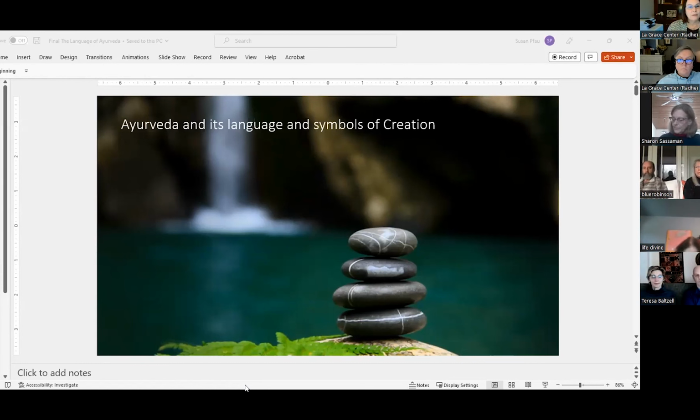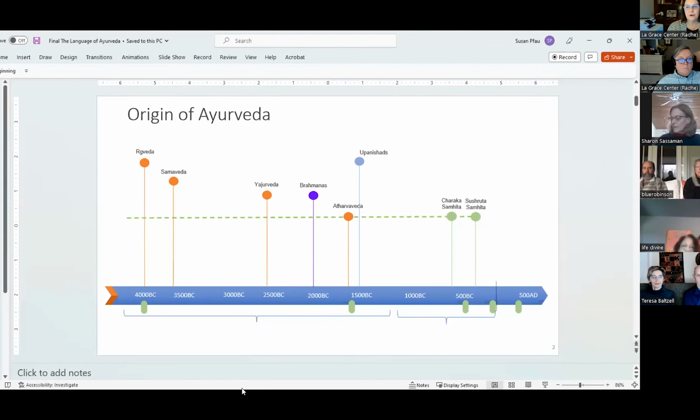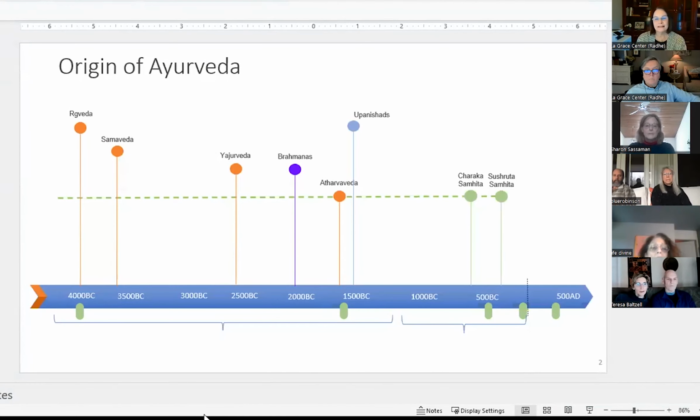Before we get into the actual topic, I'd like to give a brief overview of the origin of Ayurveda. What we have here is a timeline from India and some of the scriptures at various time periods.